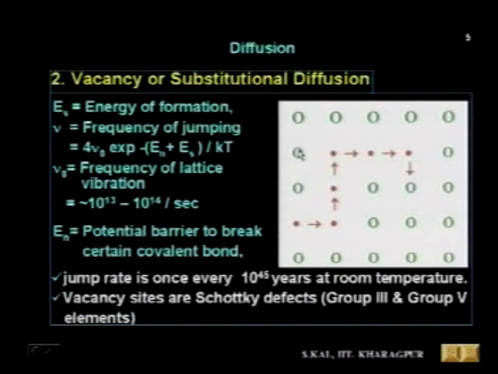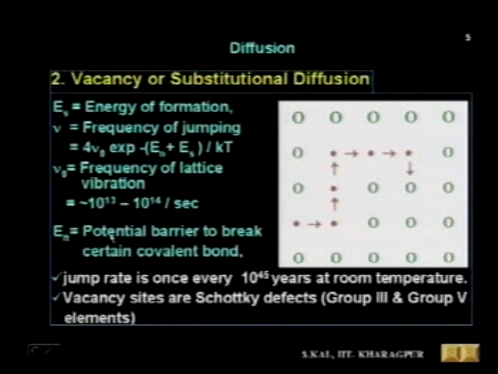Here the jump rate, that means movement of the dopant atom from one site to another site, is given by the equation here. You see nu equal to 4 nu naught exponential minus En plus Es by kT, where nu is the frequency of jumping and nu naught is the lattice vibration frequency.